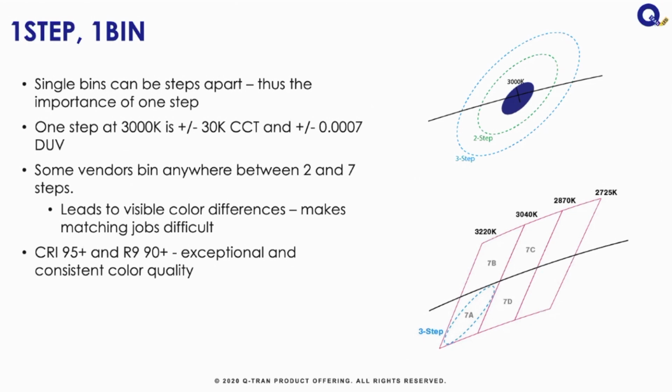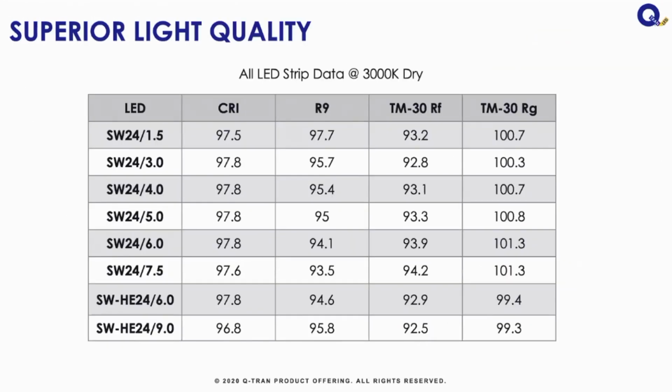You're welcome. Let's take a closer look at all of Qtran's static white LED strips. All the information below is at 3000 Kelvin with a dry LED tape. As we look at the CRI, or color rendering index, all of our strips are above 96. As we look at the CRI R9 values, which is the way that red is rendered, all of our static whites are above 93.